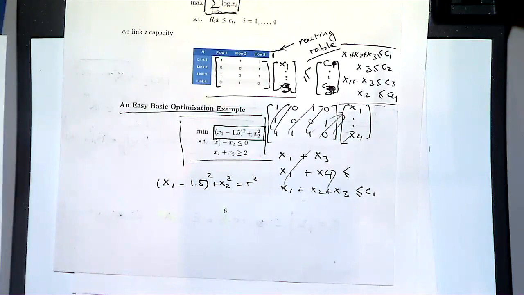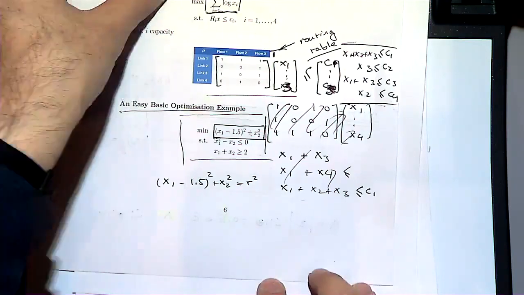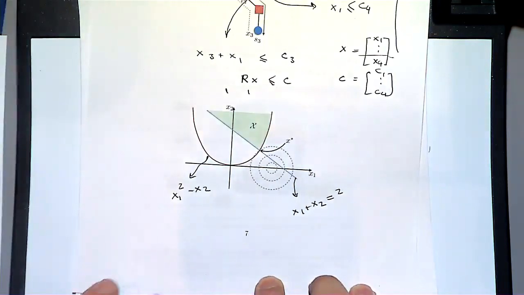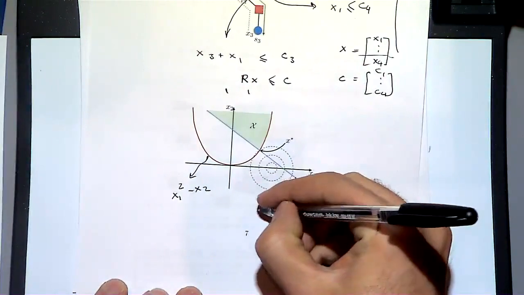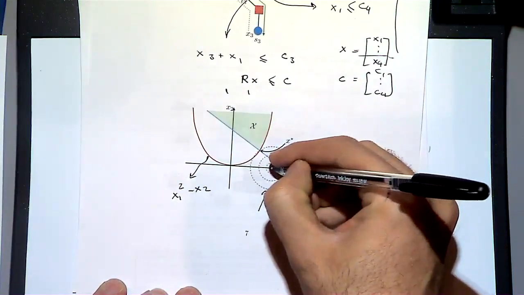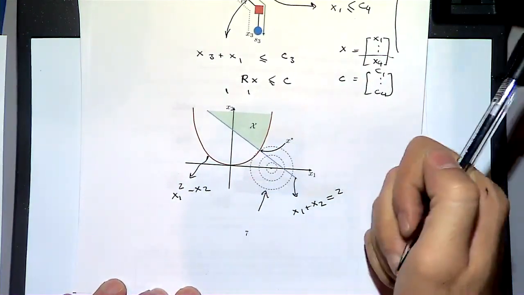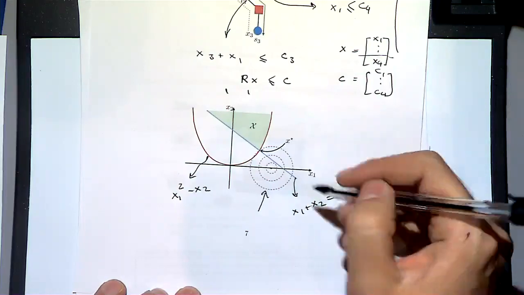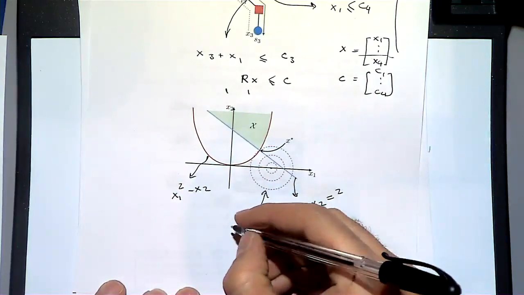It's a circle centered at where? And 0. And with what radius? Radius of, right? So it's a simple geometric interpretation. It looks like this. So this is 1.5.